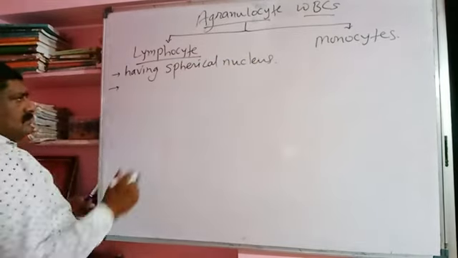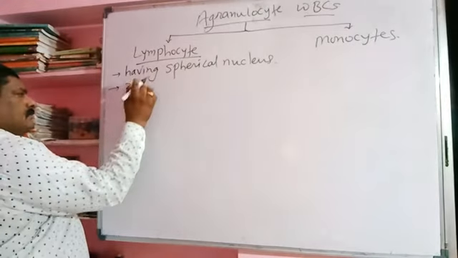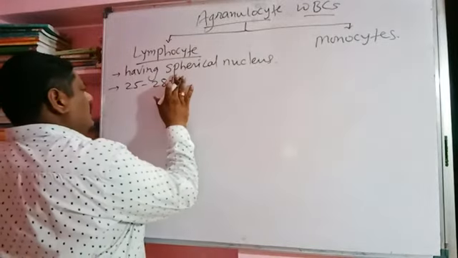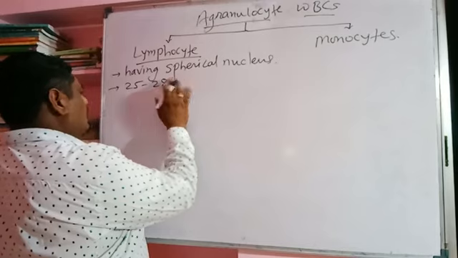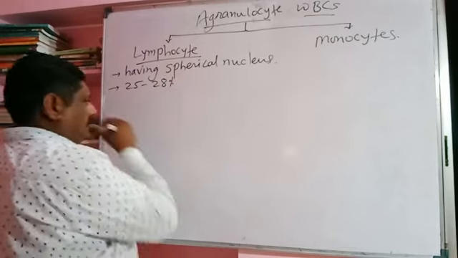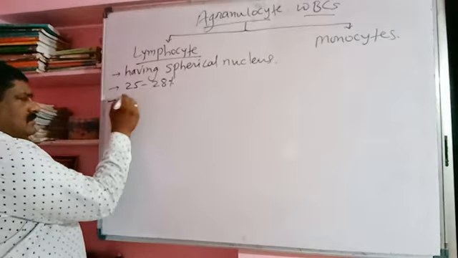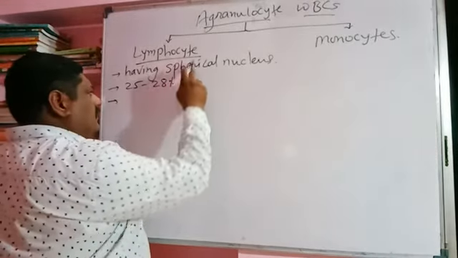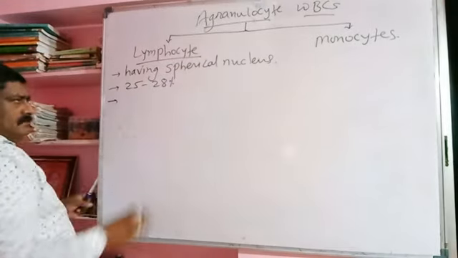These cells are about 25 to 28% of the total WBC. These cells are concerned with immunity developing that lasts for a longer duration.